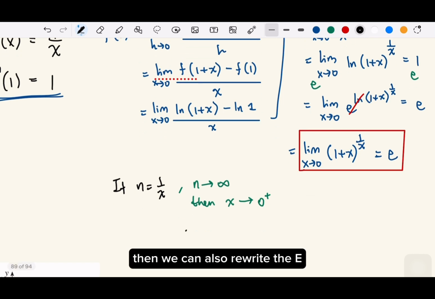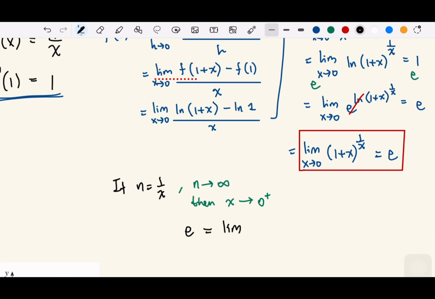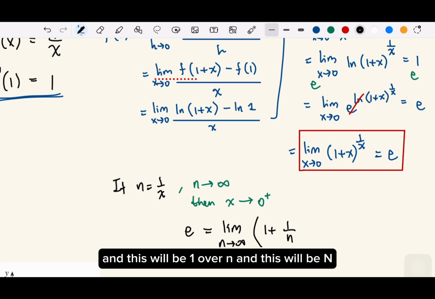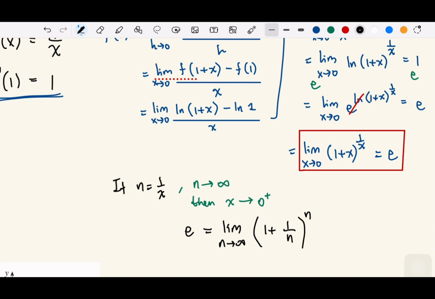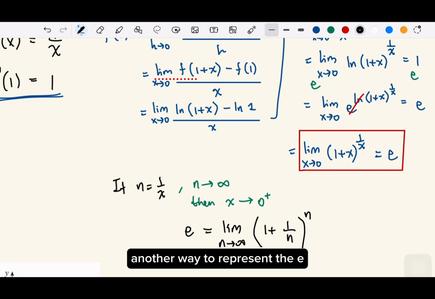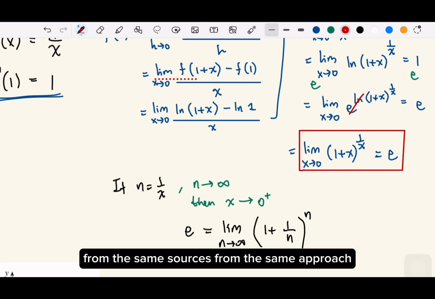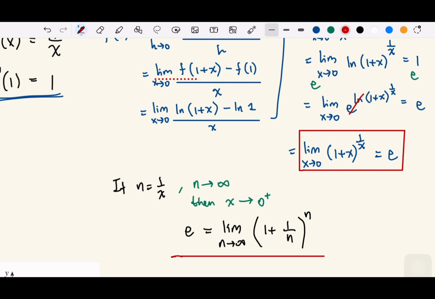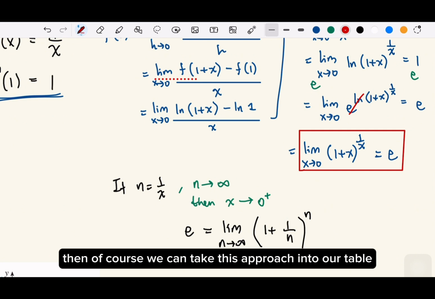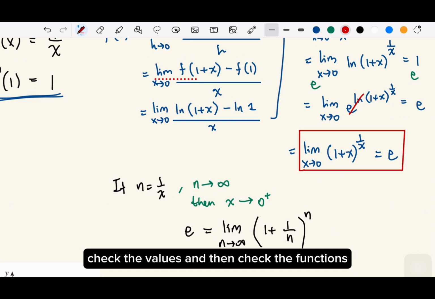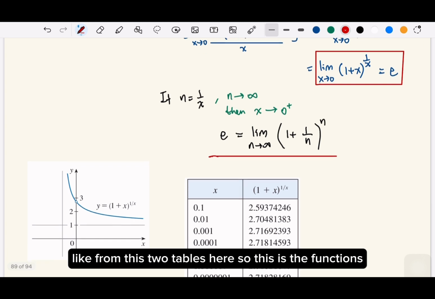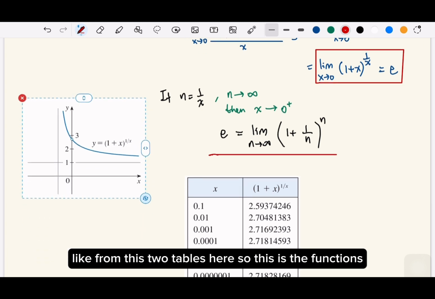Then we can also rewrite the e with n, and this will be 1 over n, and this will be n. Okay, another way to represent the e, from the same source, from the same approach. Then of course we can take this approach into our table, check the values, and then check the functions, like from these two tables here. So this is the functions.